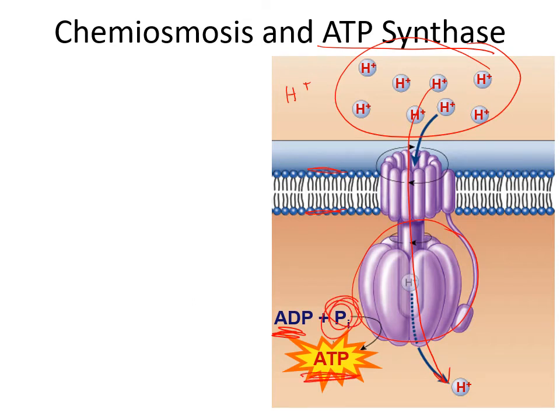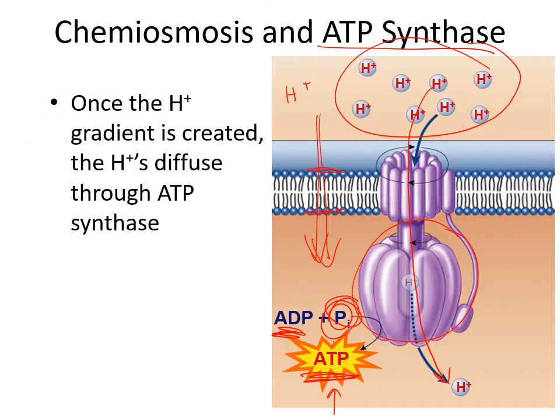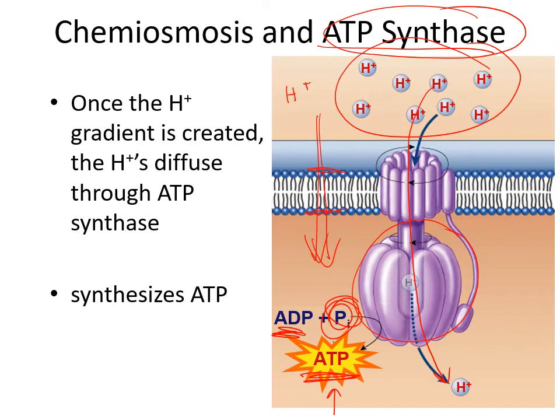So the exergonic process of allowing this gradient to be equalized, allowing the hydrogen ions back down to an equal concentration, that exergonic process is coupled with the endergonic process of producing ATP. So once the hydrogen ion gradient is created, they're able to diffuse through this ATP synthase machine, and this is going to synthesize those ATPs, phosphorylate ADP into ATP.